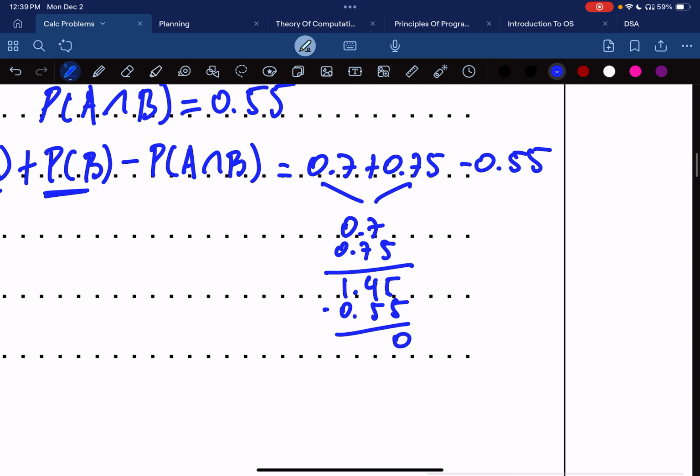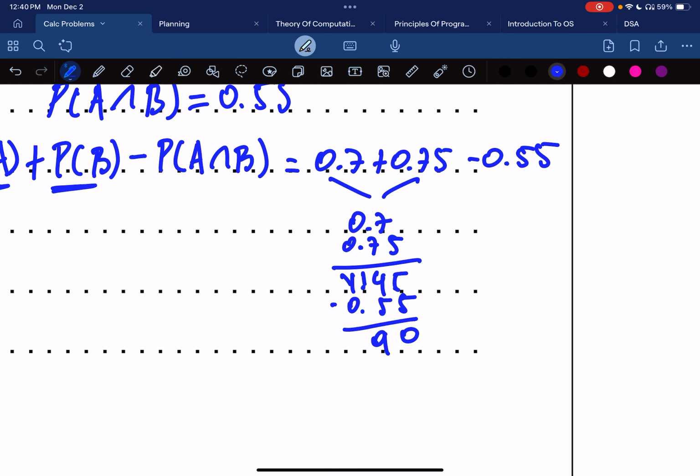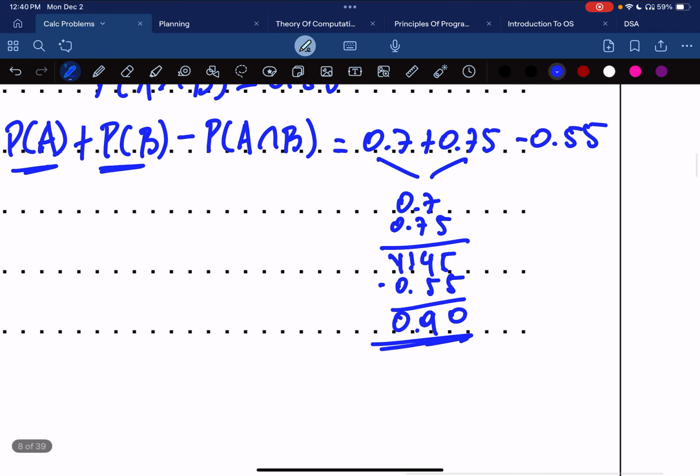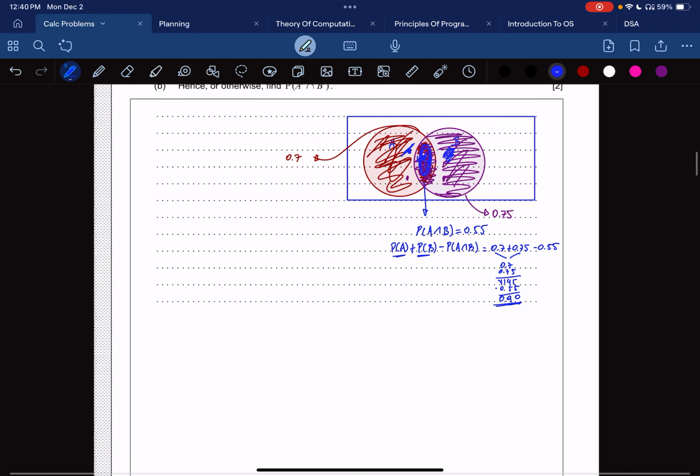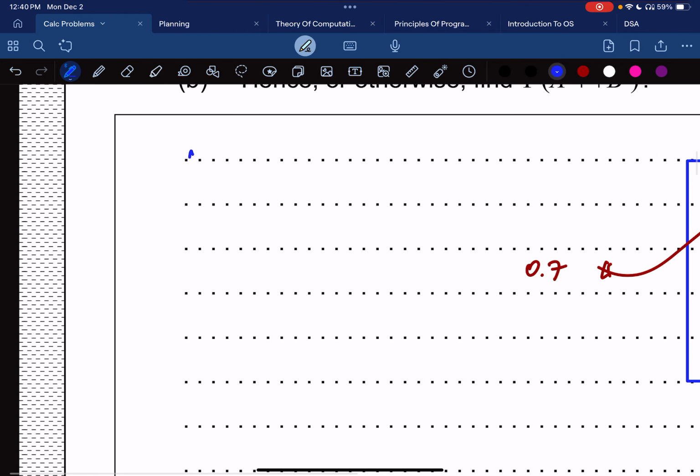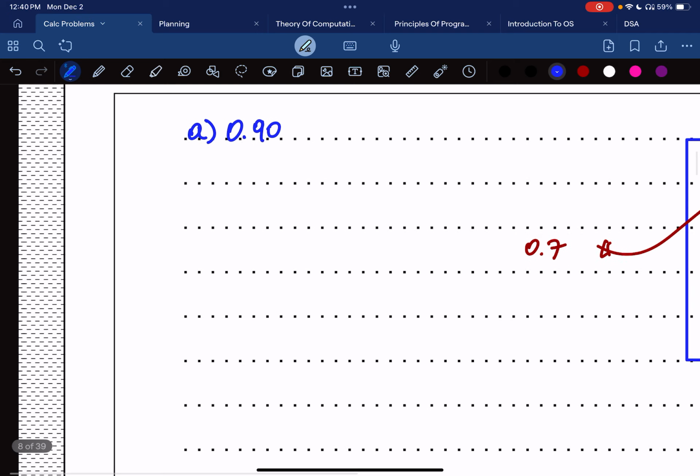Oof, I can't do math right now. So the probability of finding A or B would actually be 0.9. That was quite long, but we found our answer for A, it would be 0.90.